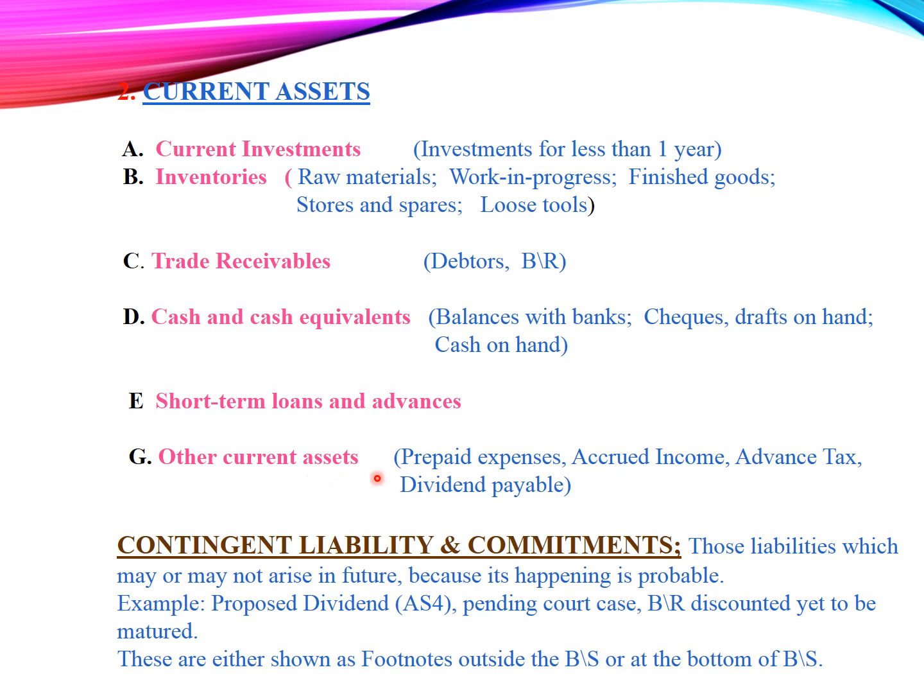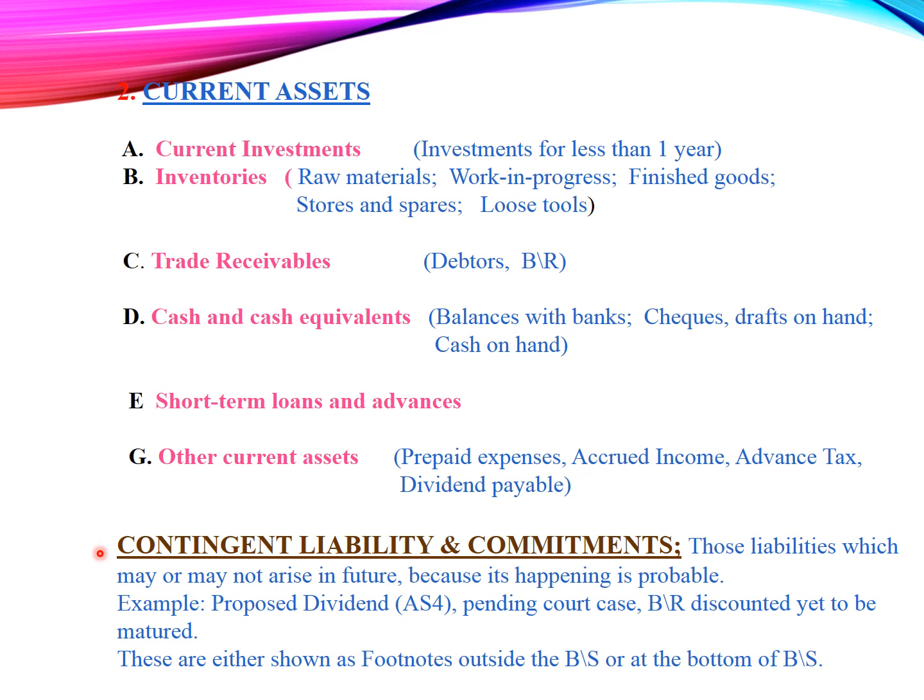Last but not the least, the title is contingent liability and commitments. These items are not shown inside the balance sheet, or if shown inside the balance sheet, they are not added in the total of the balance sheet.